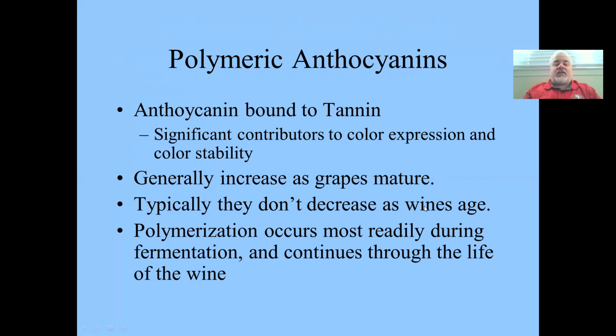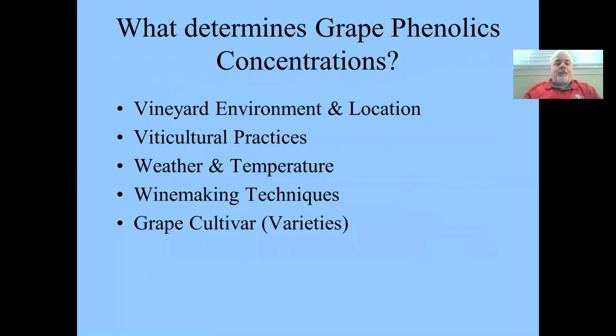Generally they increase as grapes mature. Typically they don't decrease as wines age. Polymerization occurs most readily during fermentation and continues through the entire life of the wine in the aging process.